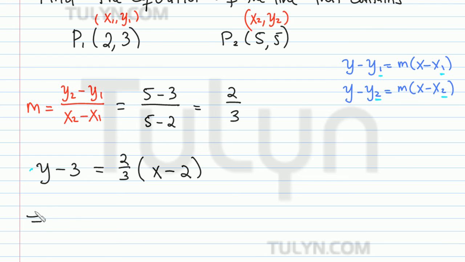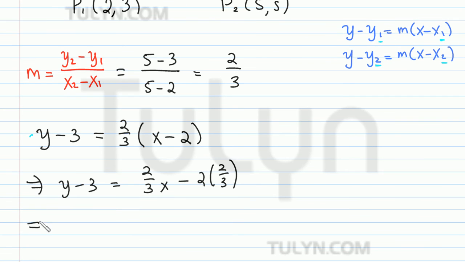So now, simplifying, we get y minus 3 is equal to 2/3 x minus 2 times 2/3. And remember, when you're multiplying, the numerators multiply the numerators and the denominators multiply the denominators. So we can just rewrite this as 4/3. So y minus 3 is equal to 2/3 x minus 4/3.